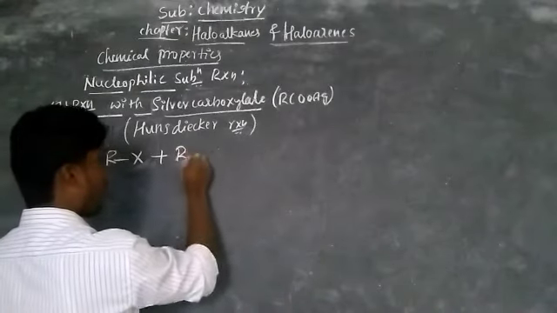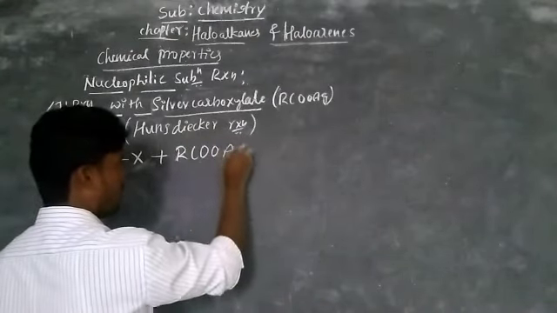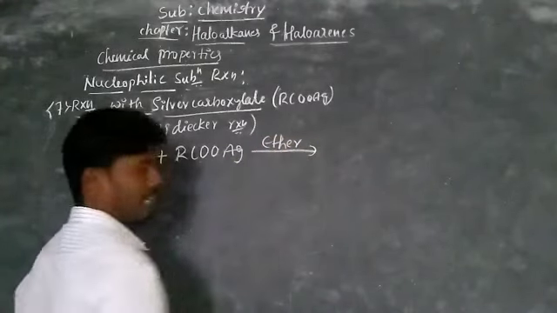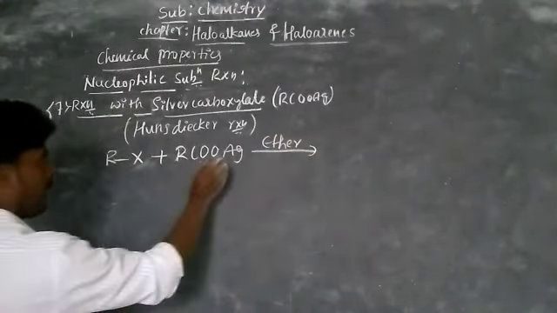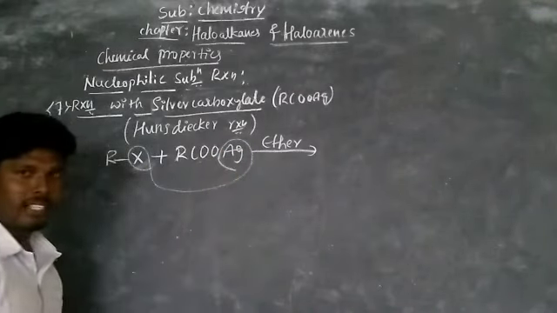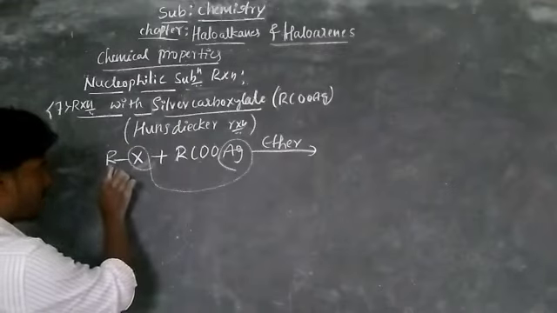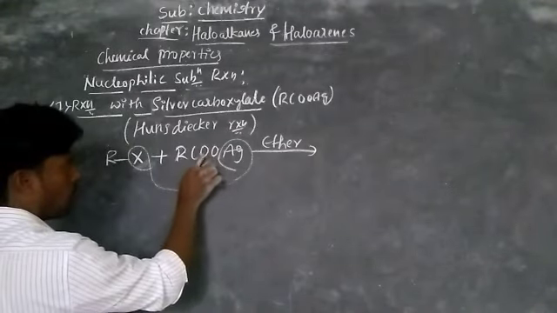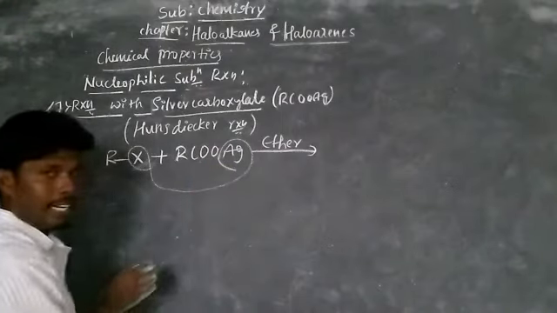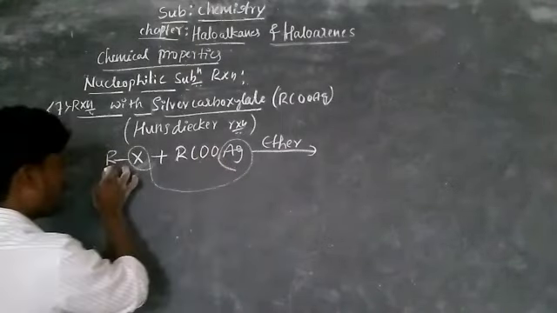That is RCOOAg, in presence of ether as a solvent. Ether is the solvent. So what you get? Ag and X become AgX, and the remaining is COOR, because only the halogen atom is eliminated, so you should connect O with R. To avoid confusion, write R' here.